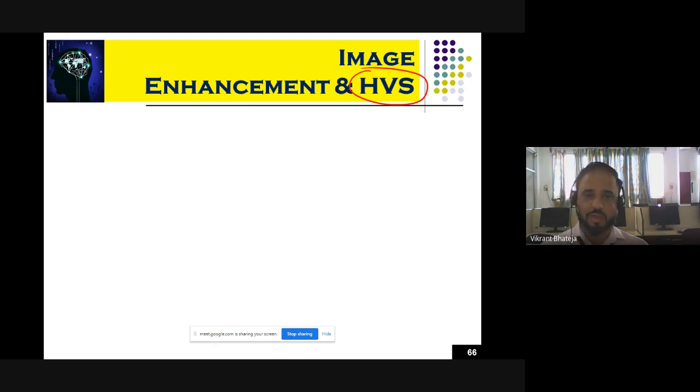If you have an initial image and a final image, you see that the contrast parameter is very much improved or enhanced in your targeted image. But certainly, if your image is not visually coherent, not visually pleasing to the end user, that enhancement algorithm is not very useful to us.